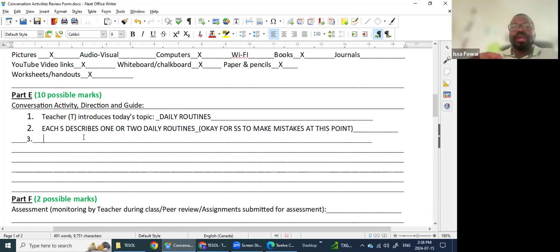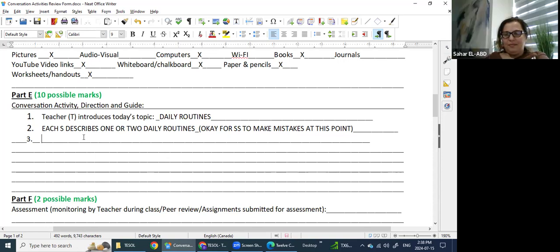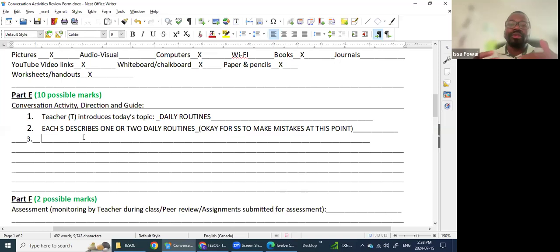There may be a time to explain the vocabulary, because if each student is given one or two routines that they do, maybe the other students are not familiar, so maybe we need to explain. Not at this time, right? But we do need to explain the vocabulary, for sure.